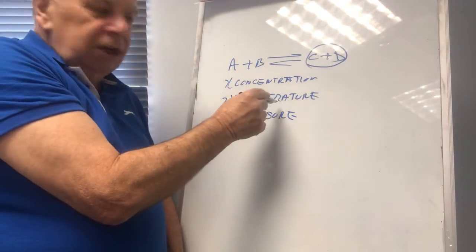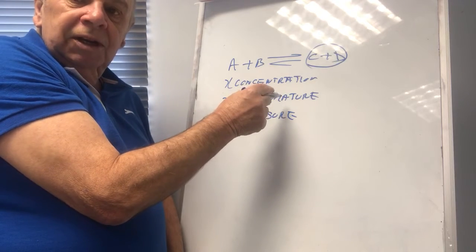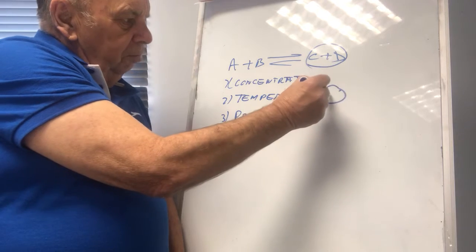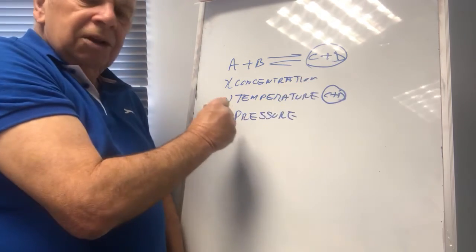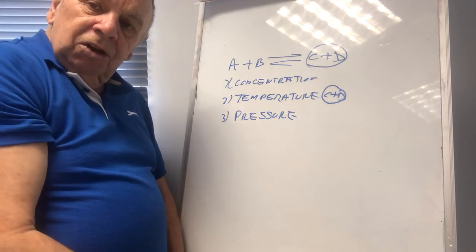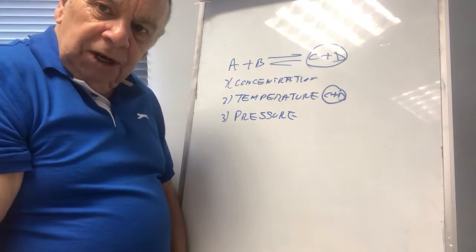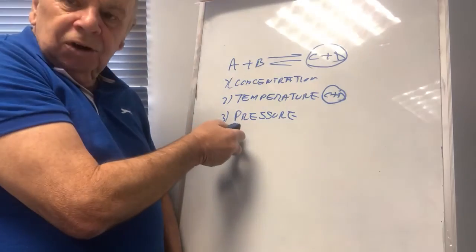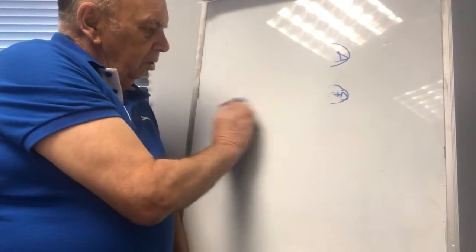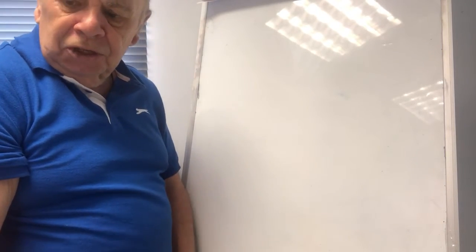Change the temperature, an equal and opposite effect affects the products, and the same with the pressure of a gas. There will be an equal and opposite change in the pressure.